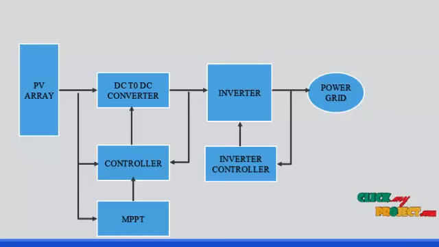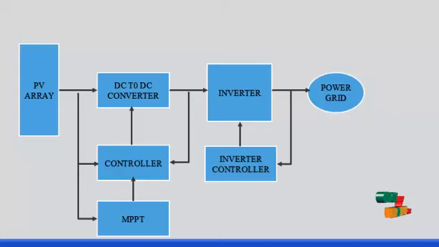Here the DC to DC converter switches, the IGBT switches, are triggered using the sliding mode controller. The PV voltage and current are fed into the MPPT technique. Any kind of algorithm can be used here; we are using the P&O and incremental conductance algorithm.